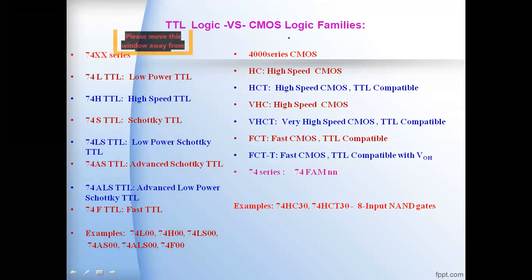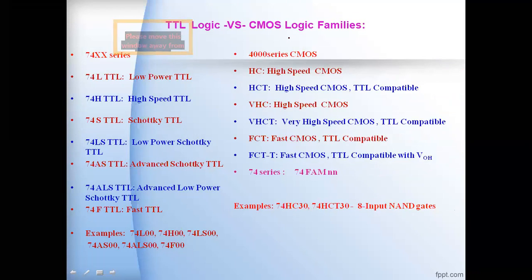When we go for interfacing of CMOS and TTL gates, you are supposed to know what logic families are available in each of TTL and CMOS logic. So these are the various TTL logic families, and these are the various CMOS logic families.